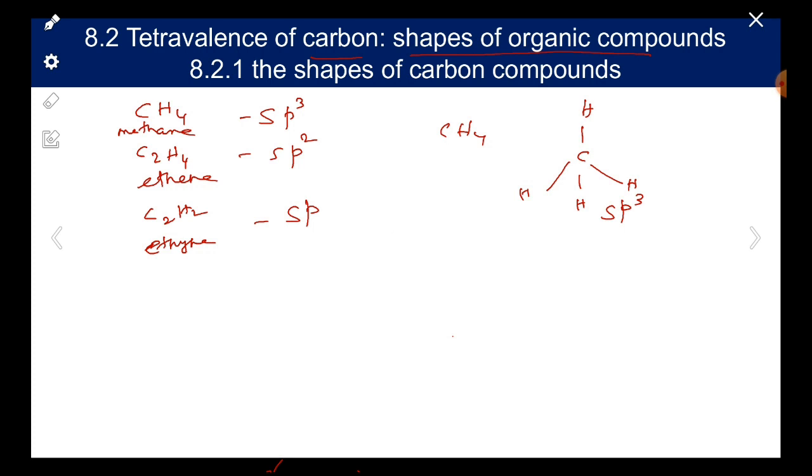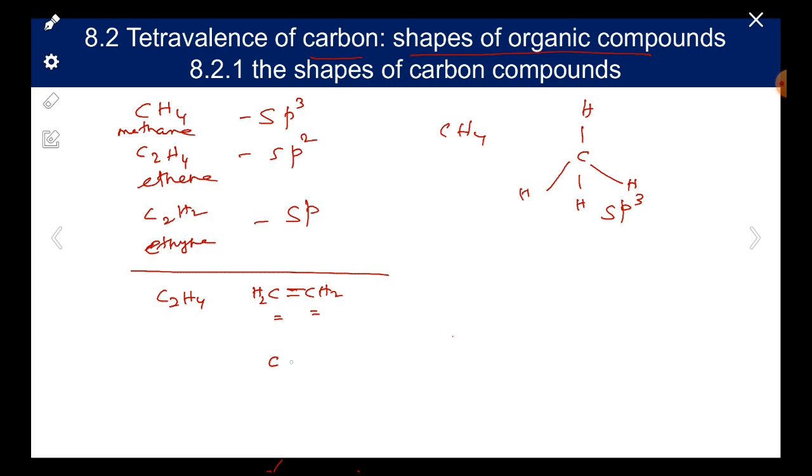We can write the ethene molecule like this, C2H4, which you can write as CH2 double bond CH2. Here you have two carbon atoms. Both atoms have the same hybridization, and let's try to write the full structure. In the later slides we will try to understand how to write these kinds of structures.